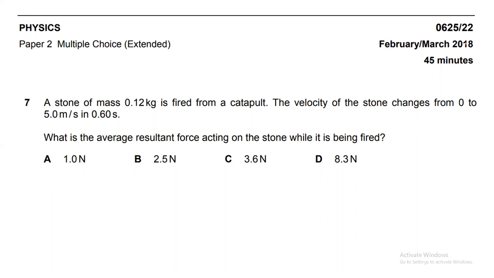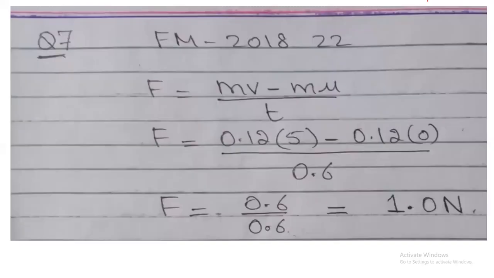Okay, so according to momentum, the resultant force is the rate of change of momentum. The formula is F equals mv minus mu divided by t, where mv is the final momentum minus the initial momentum, and the whole thing is divided by t.